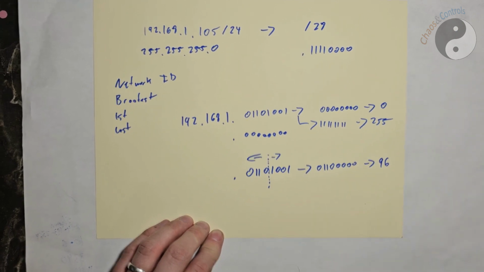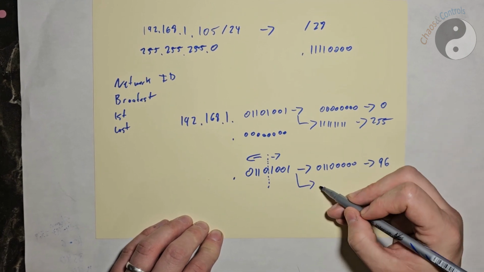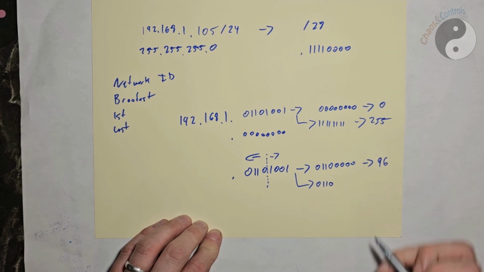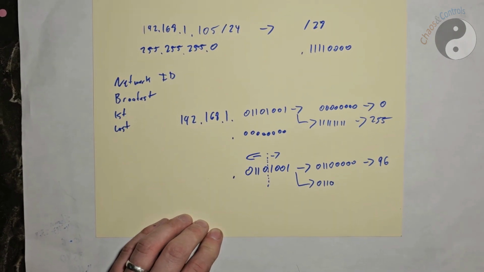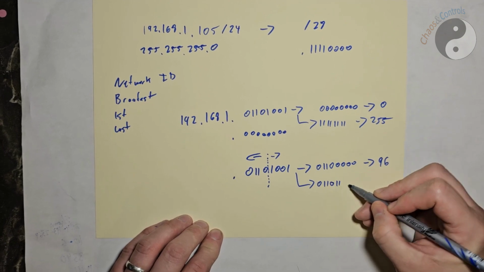Which comes to 96. And when I set everything to a 1, I end up with 0, 1, 1, 0, 1, 1, 1, 1. Again, the first 4 are part of the network because we're on a /28 now, and the last 4 are what I change to 1, 1, 1, 1.